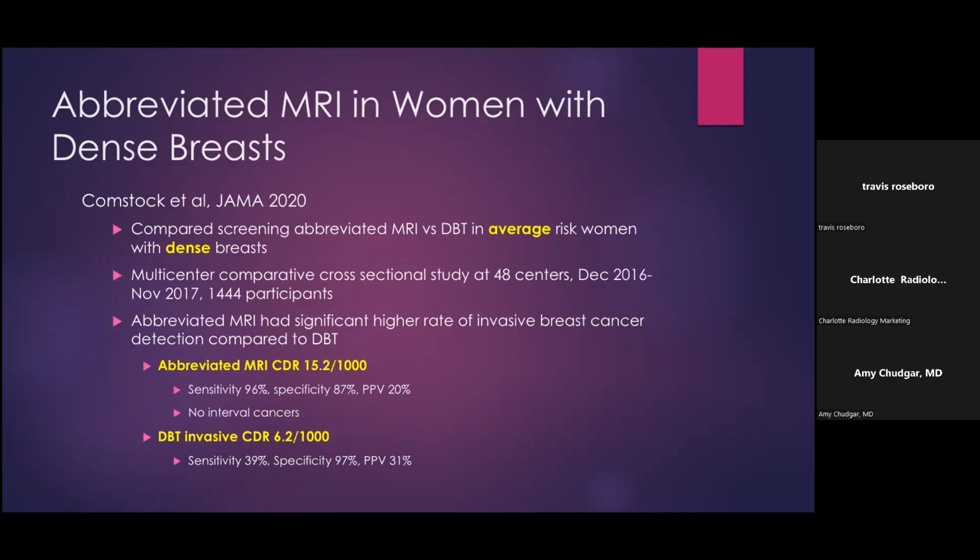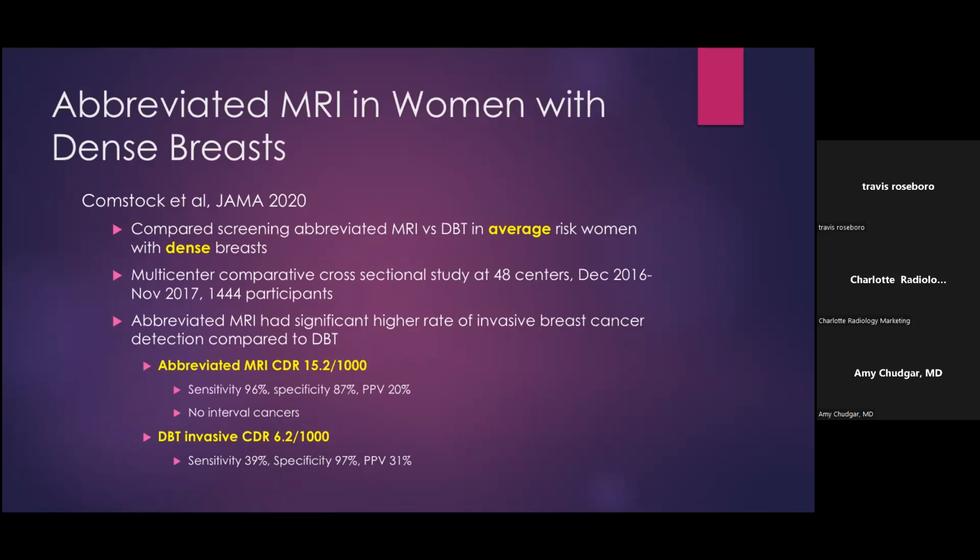So this was kind of the big landmark study looking at abbreviated breast MRI in women with dense breasts. So this was the ECOG-ACRIN trial published in JAMA in 2020. So they compared screening abbreviated MRIs compared to 3D imaging. And what's important is this was just average risk women who just had dense breasts. So no family history, no genetic mutation, just average risk women.